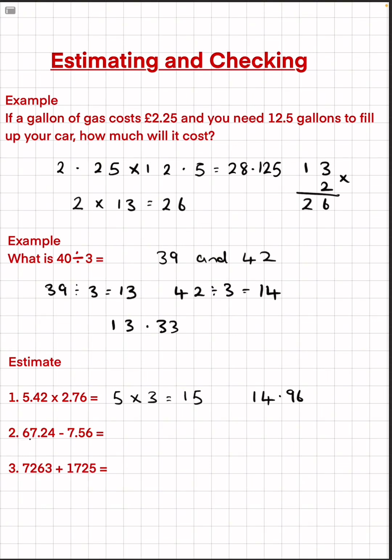Question 2 says 67.24 minus 7.56. So again, we're going to round these numbers to whole numbers. The digit after the decimal point is 2, so it's less than 5, so we're going to round down to 67.